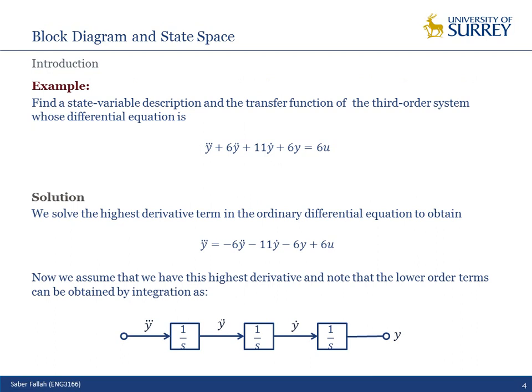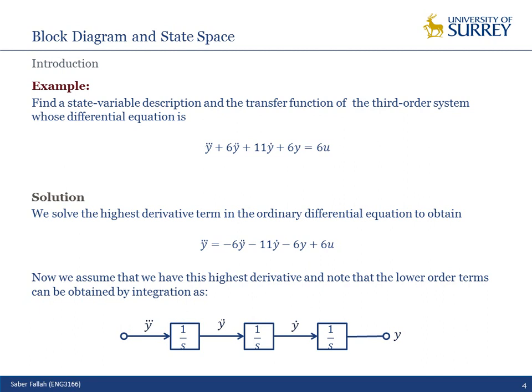If I choose my state like this, x dot 2 is equal to x1, isn't it? x dot 2 is y double dot, and y double dot is x1. x dot 3 is equal to x2. Correct?